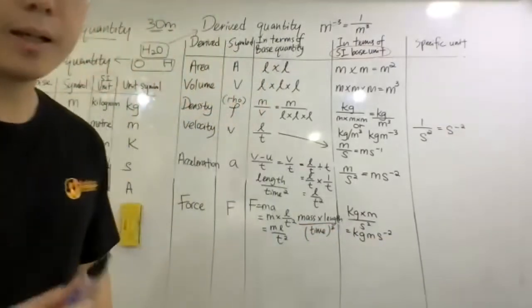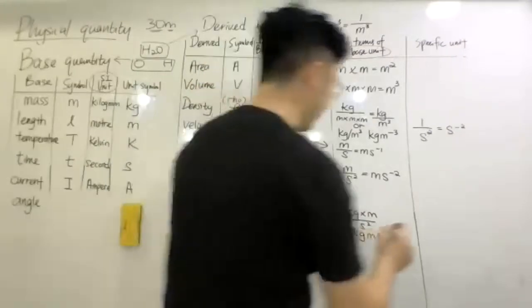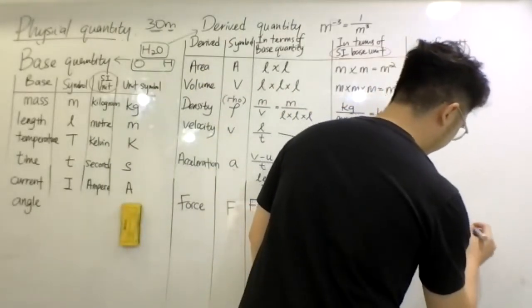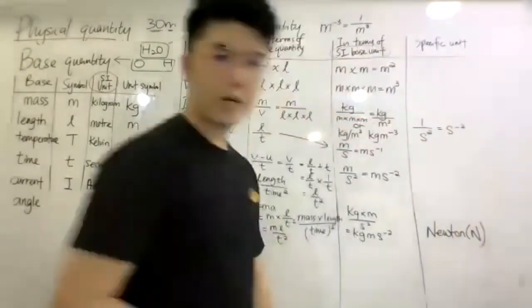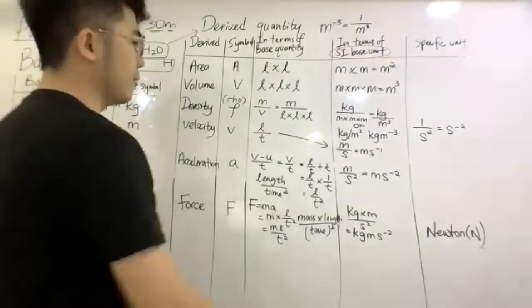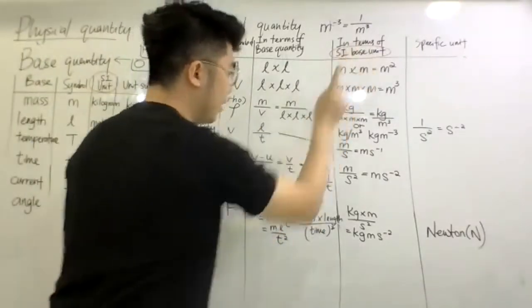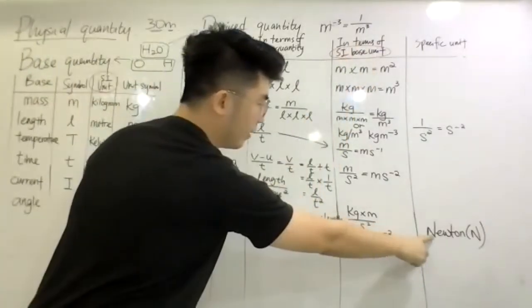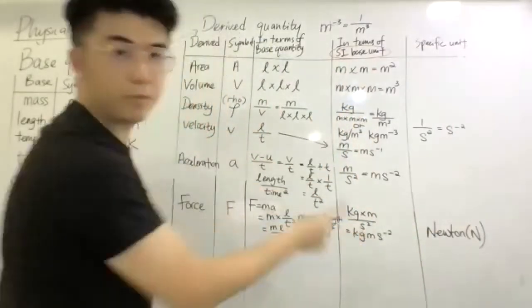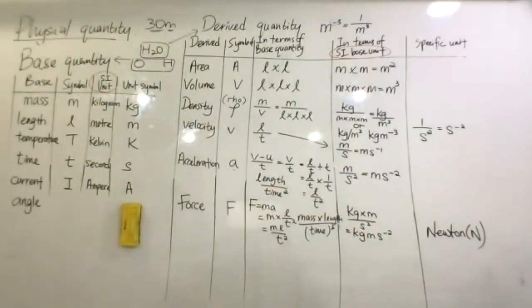What is the force unit that you learned? Newton, right? Newton. This is the specific unit, Newton. If the question asks you, what is the SI base unit of force? You cannot give this one, it's wrong. You have to give kg m s minus 2.